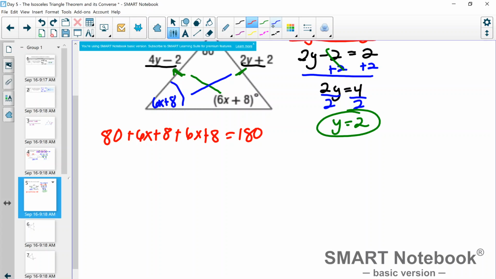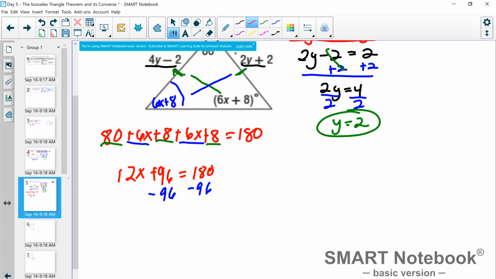I'll combine our terms, so I can do 6x plus 6x. I have 12x. And then I can add 80, 8, and 8, and I get 96. Solve for x. X is already by itself on this side, so I'll subtract the 96.